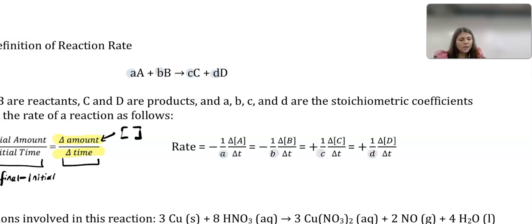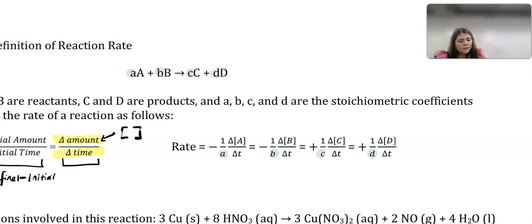But I took the concentration of that species, so the change in concentration, divided by that amount of time, and you end up dividing by its coefficient. And we'll get together here shortly and show why we would divide, because when we do mole ratios, it makes sense for us to put it on the bottom.